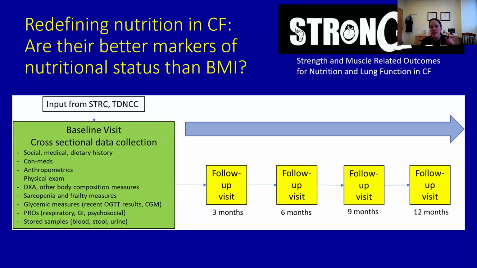And so the STRONG CF study, which is strength and muscle-related outcomes for nutrition and lung function in CF, is a multi-center observational study of about 20 sites across the US that is collecting all sorts of markers of nutrition, including body composition, sarcopenia measures, frailty measures, following patients prospectively over time, to really help us peg some of these other nutritional measures to outcomes in people with CF as a potential better way to gauge nutritional status in this patient population.